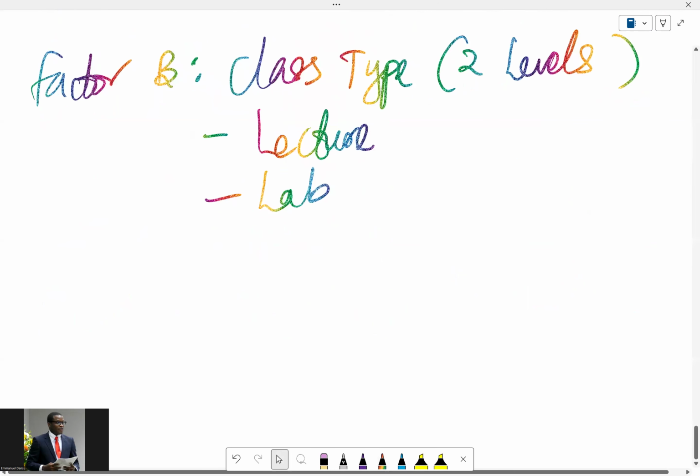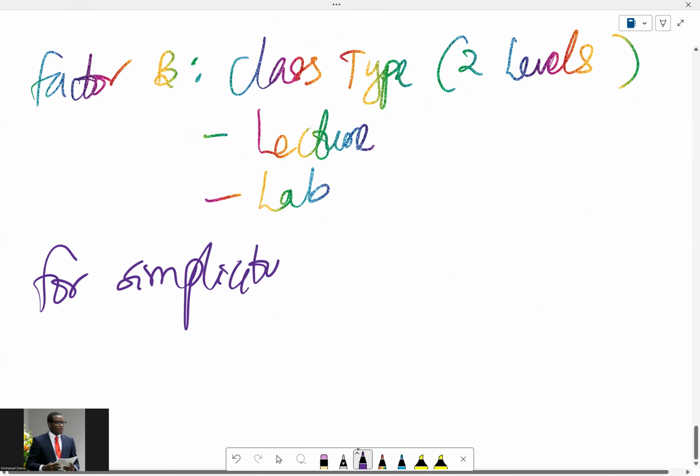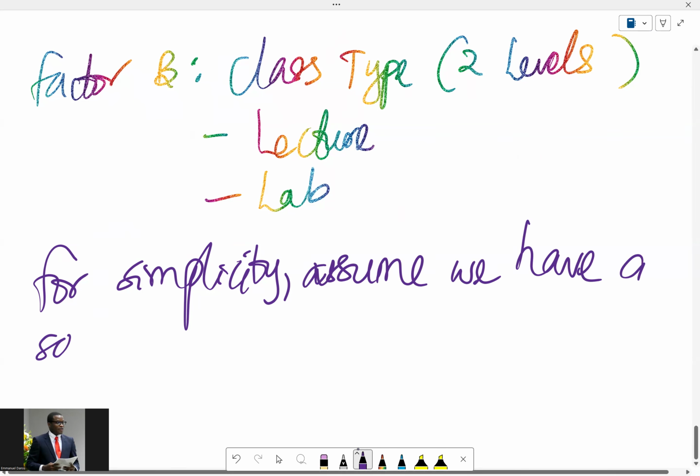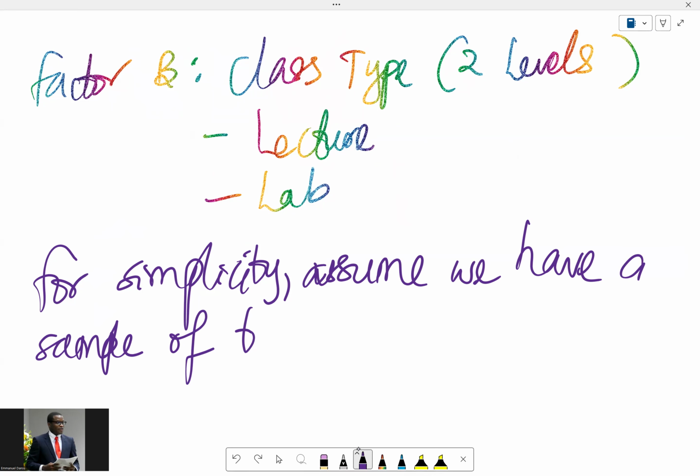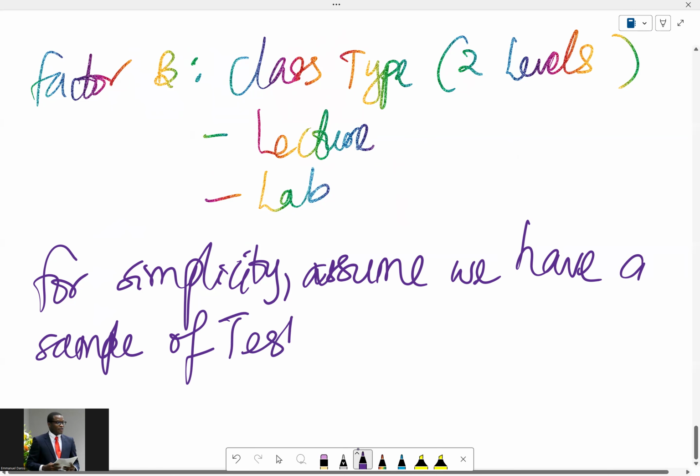Okay. Now, for simplicity, assume we have a sample of test scores. Just to emphasize, that is our dependent variable.